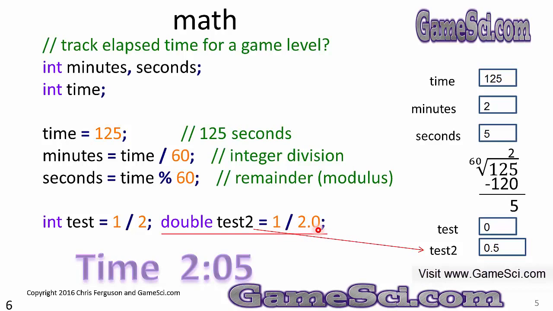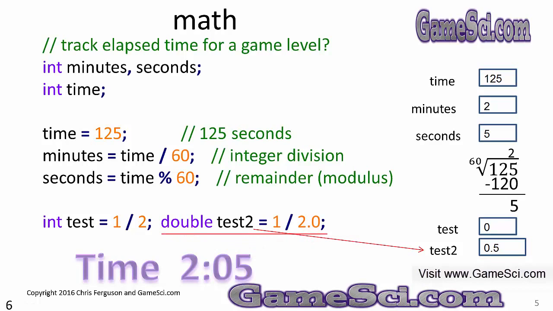If one or both of these operands is a double value, then the result will be double. 1 divided by 2.0 is 0.5. If I want the decimal point, one of the operands has to have a decimal point. Notice how I declare this variable to be of type double. If I use a double on this side of the equation, I will have a double result.